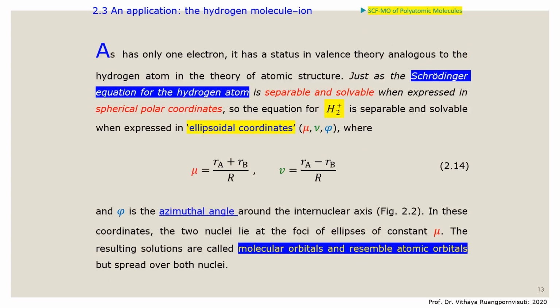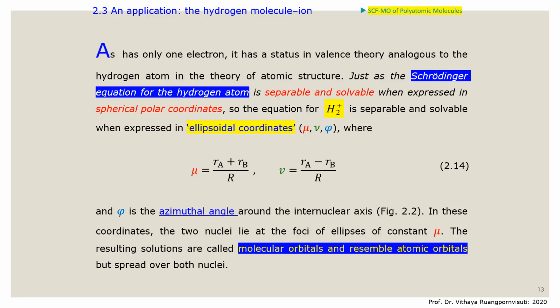As the hydrogen molecule ion has only one electron, it has a status in valence theory analogous to the hydrogen atom in the theory of atomic structure.